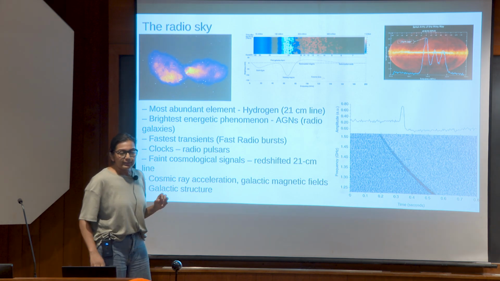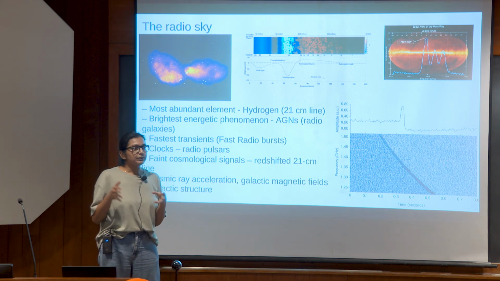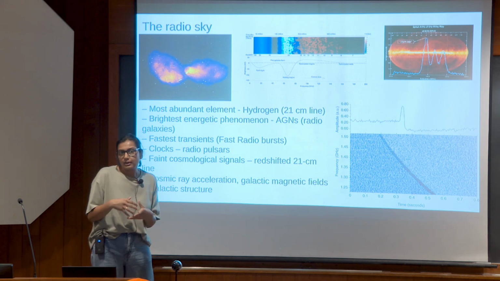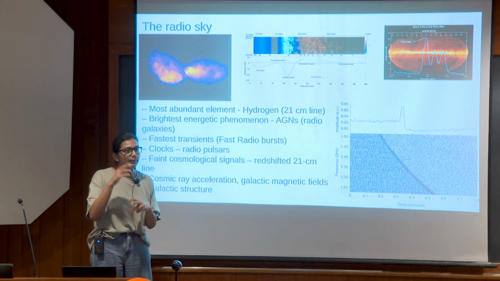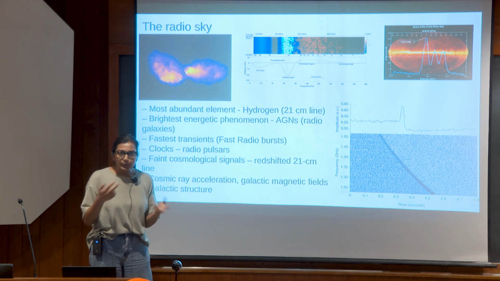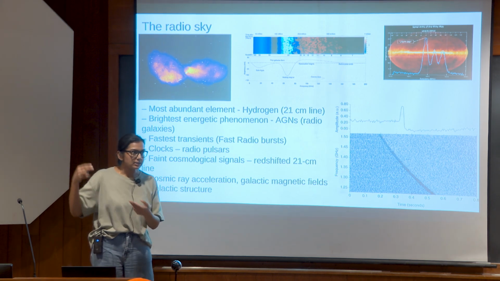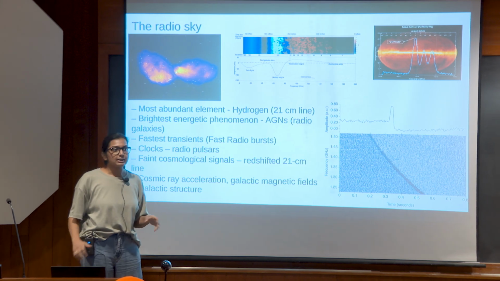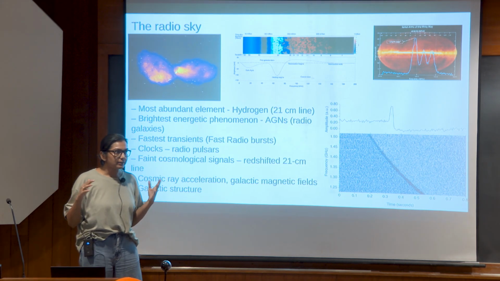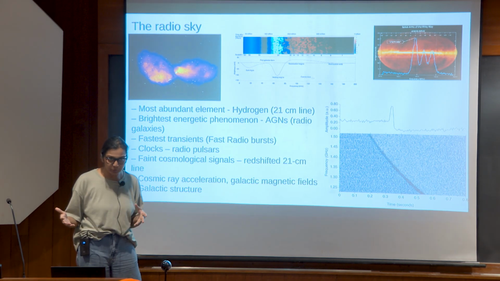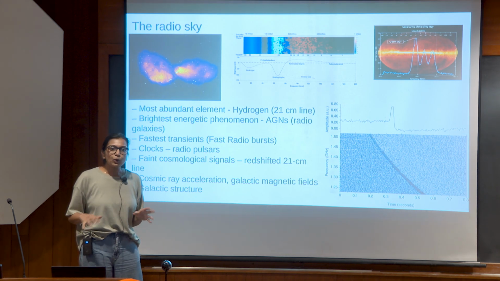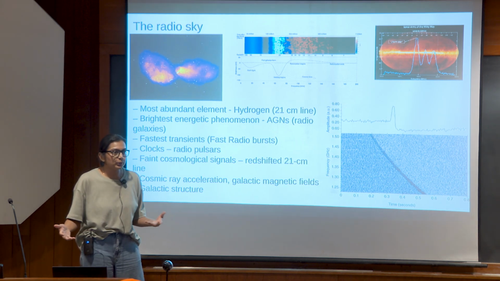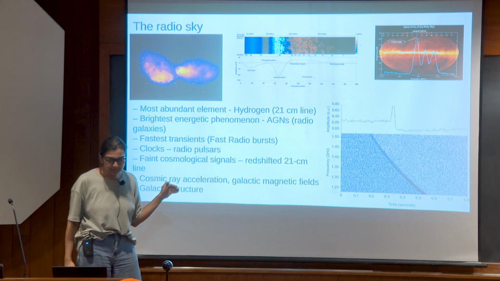But the sky is bright at different wavelengths because different objects emit different wavelengths, or their spectra peak at different wavelengths. You and I, we can see in visible. Our sun peaks in visible, right? But there are other objects in the universe that emit very brightly at radio frequencies, okay? I'm sure all of you have an intuition of what is radio and radio frequency. We'll come to that in a bit.